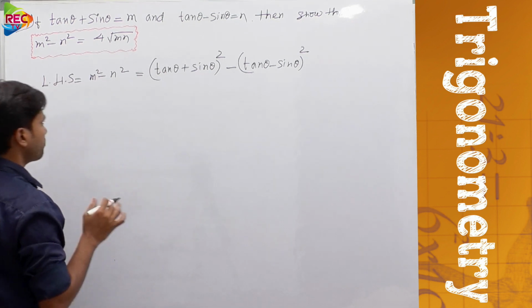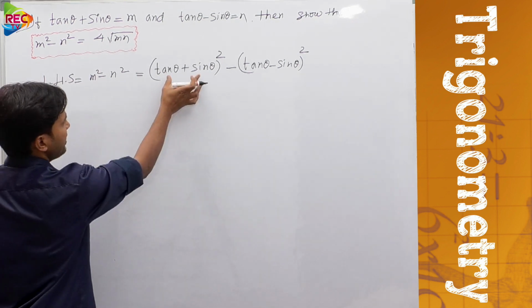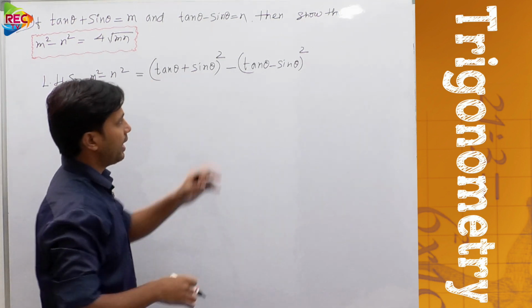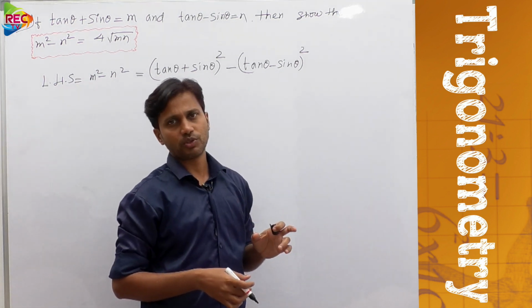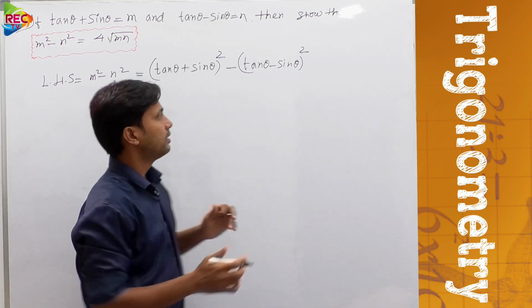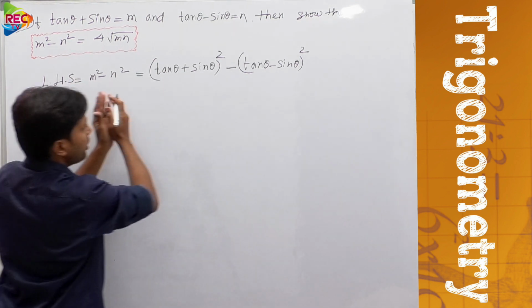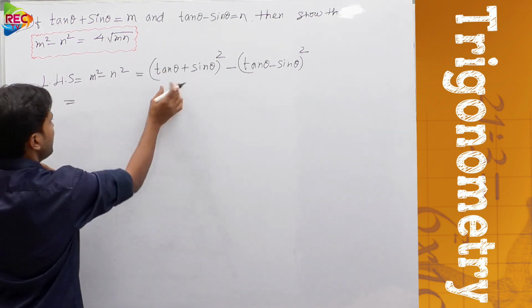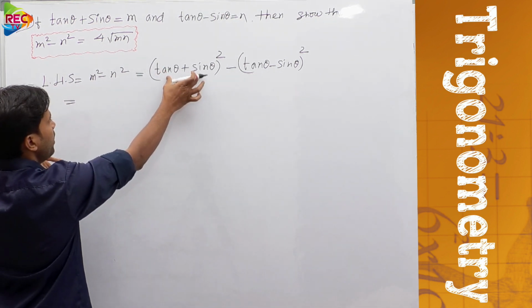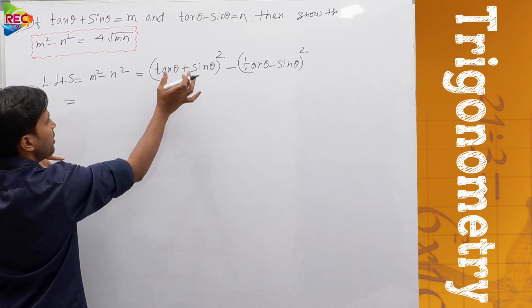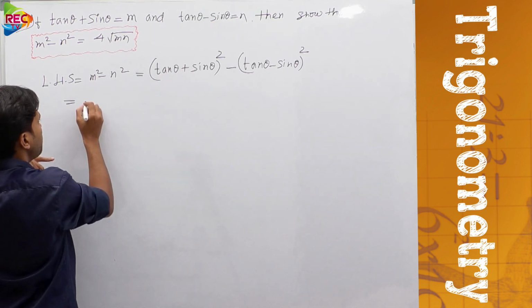Just see. Now this is in the form of what? a plus b whole square, and this is in the form of what? a minus b whole square. Let us expand them. I am expanding the LHS part here. This is a plus b whole square, so we can write this in the form of a square plus b square plus 2ab. a square is what?